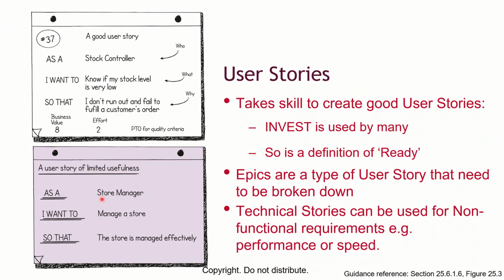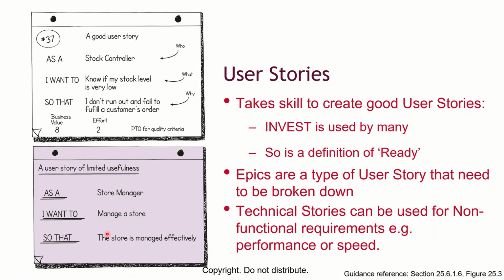One: as a store manager, I want to manage a store so that the store is managed effectively. Look at what you have below and what you have up. Which one of them do you think is better? The one up or the one below? Which one? The one up?